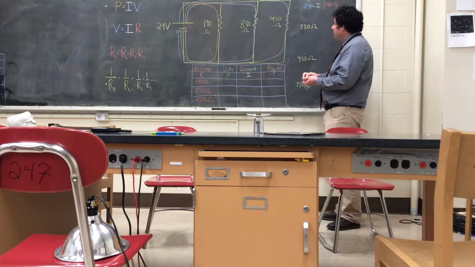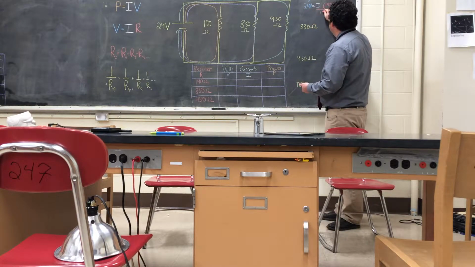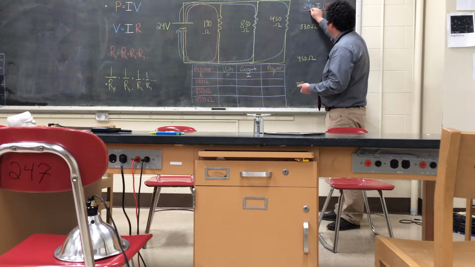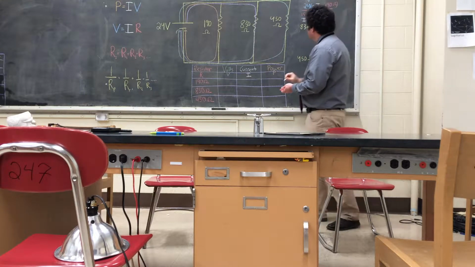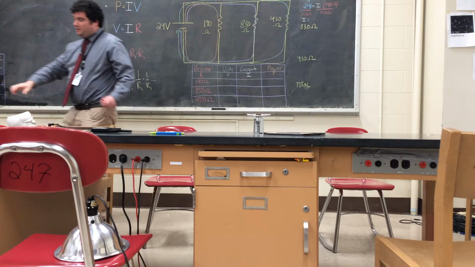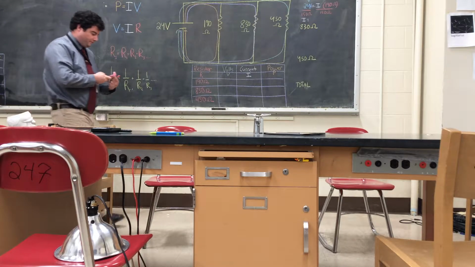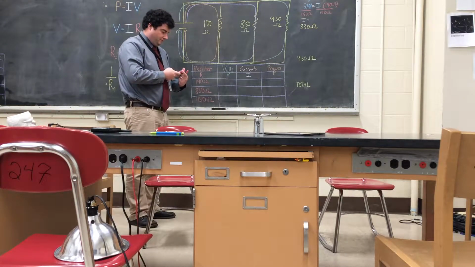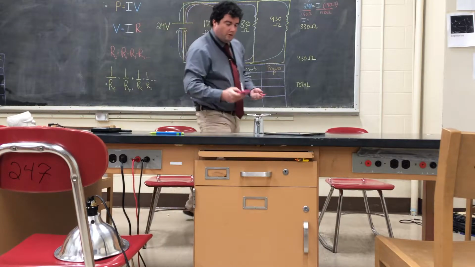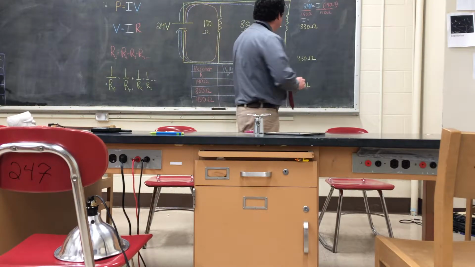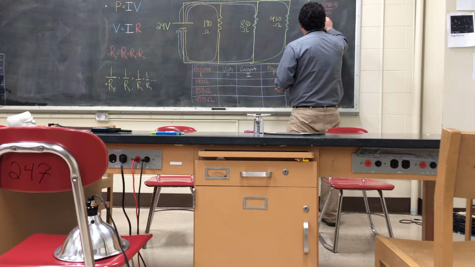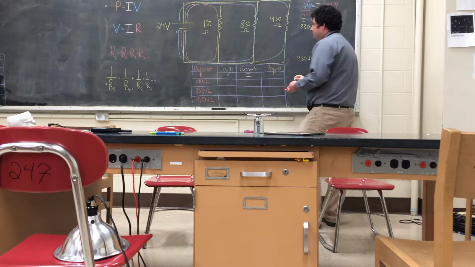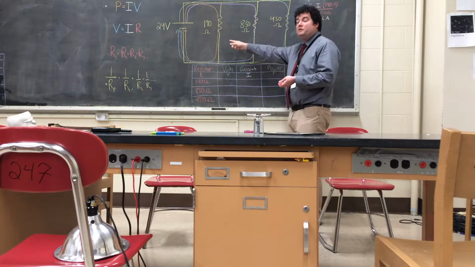So we'll just divide by 190. And we get a current of 24 divided by 190 is 0.126 amps. So that'll be our current through our first branch.